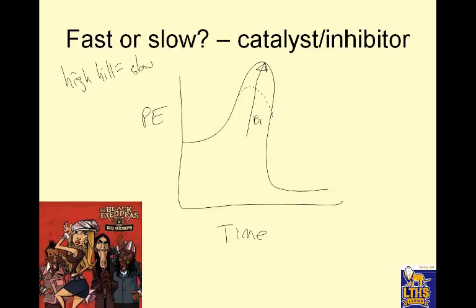This is the activation energy normally. This is the activation energy for the catalyzed reaction, cat EA. Okay, so the catalyzed EA is lower, so the cat makes it go faster. Okay, now if I had an inhibitor, same type of deal. An inhibitor would make it go slower, so it would cause a higher hump.